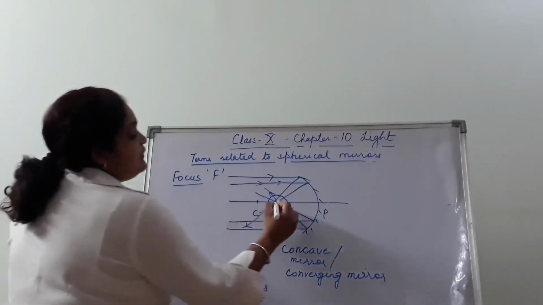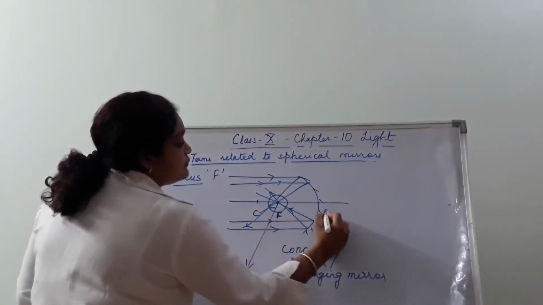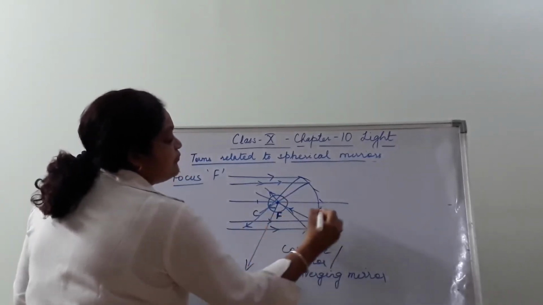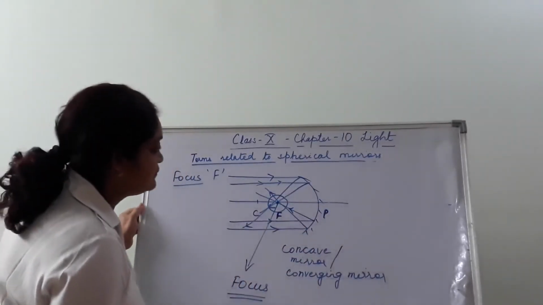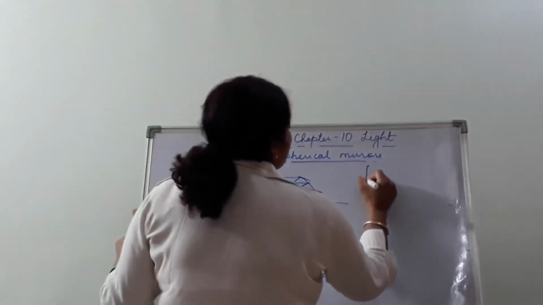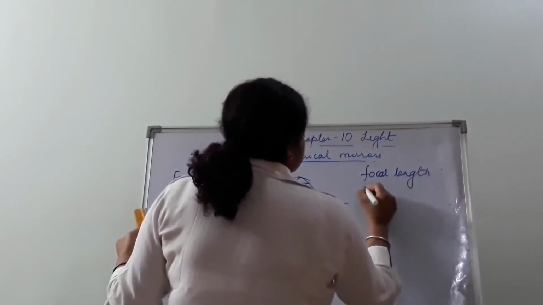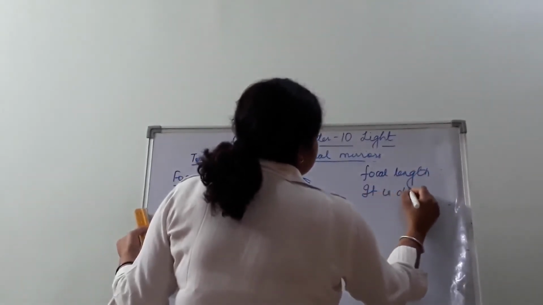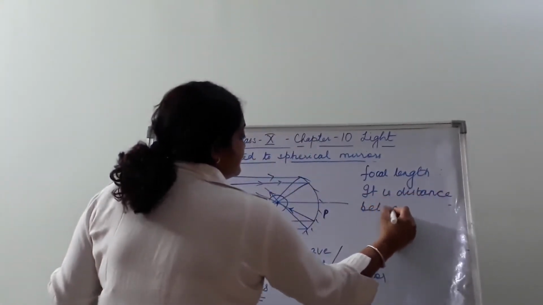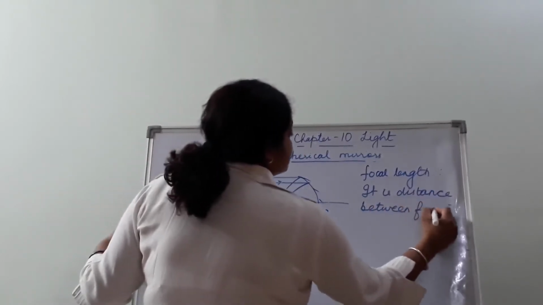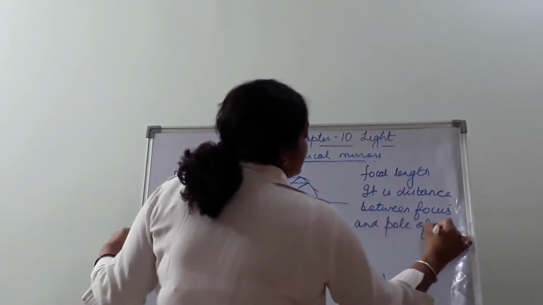Now the distance between focus and pole is called focal length. What is focal length? It is the distance between focus and pole of a mirror.